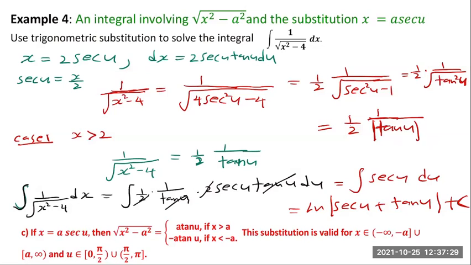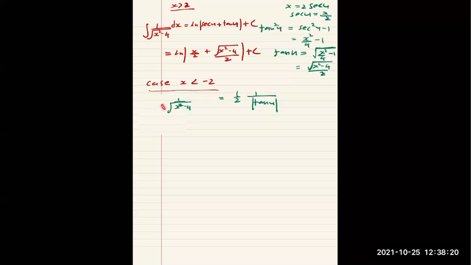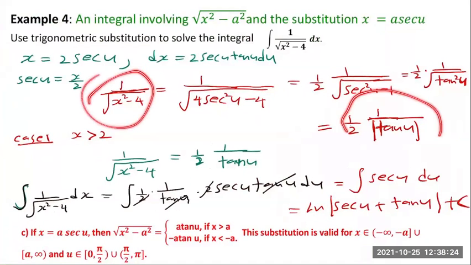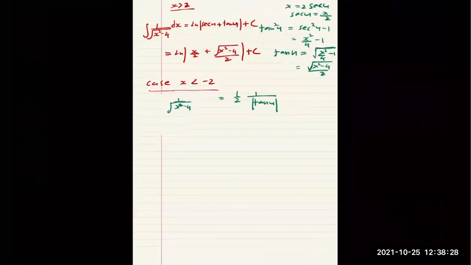Okay, so my integrand is going to be, remember, this is my integrand. 1 over square root of x squared minus 4 is equal to 1/2 times 1 over absolute value of tan u. How do we get rid of this absolute value in this case?